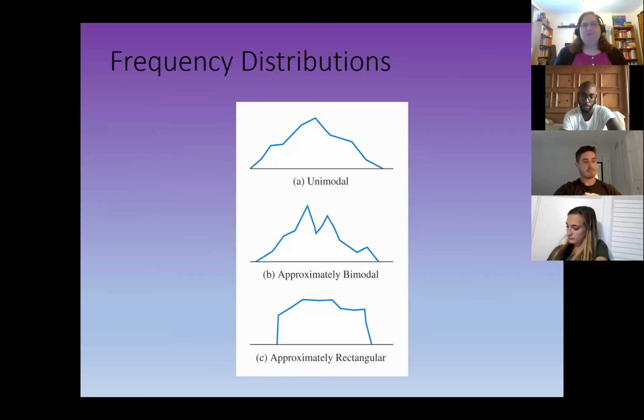So I mean, I've seen some really very nice, beautiful data before, but usually not perfect. So this is a more realistic look at some of these distributions. Okay. So hopefully you can see the 1 point for the unimodal, 2 points for the bimodal, and the relatively rectangular distribution here.